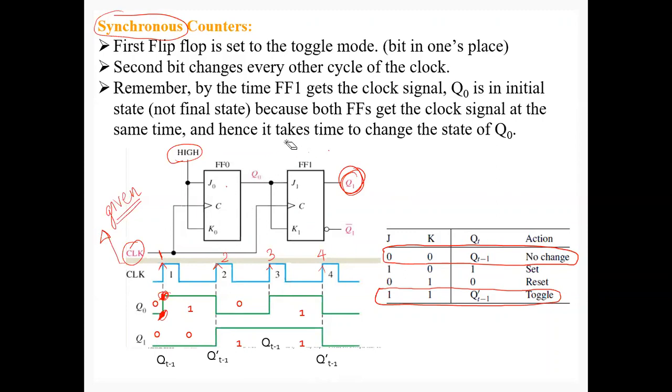So because by the time this guy receives the clock, this also receives the clock. But for Q0 to change from 0 to 1, it takes some time. The thing is, both of them are getting the clock at the same time.